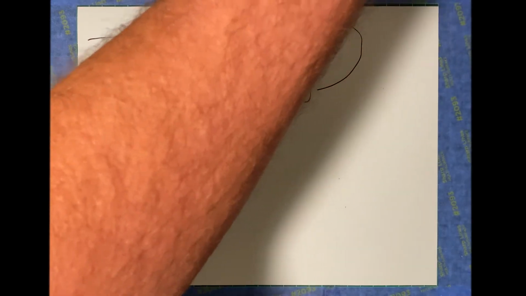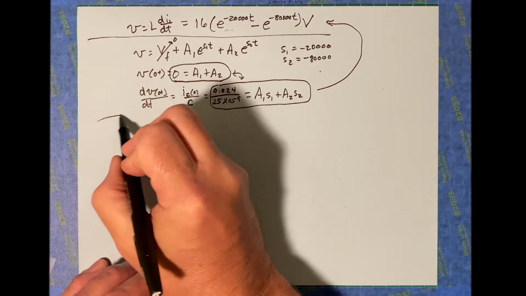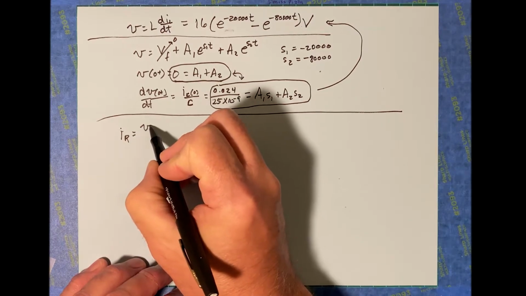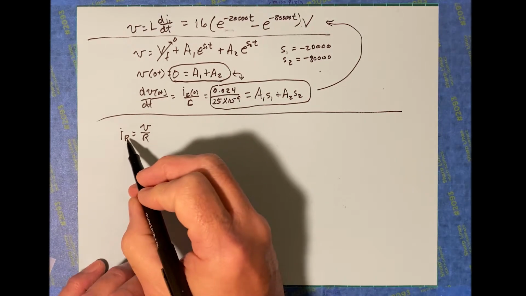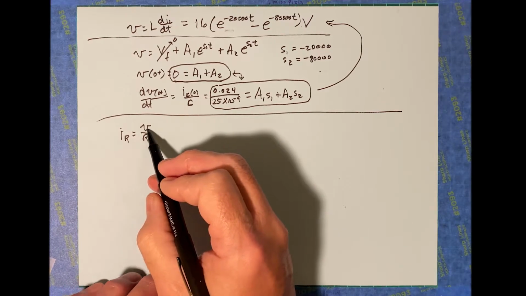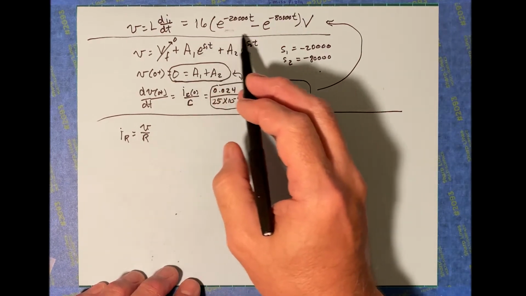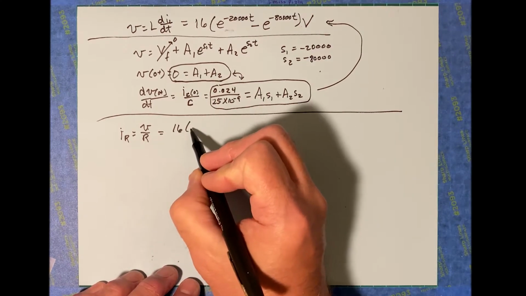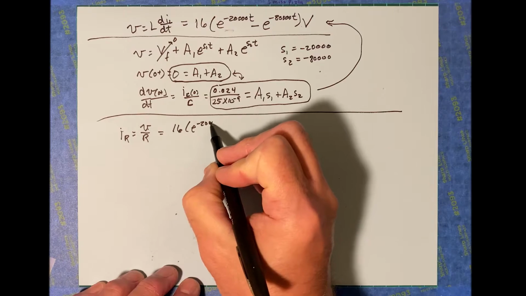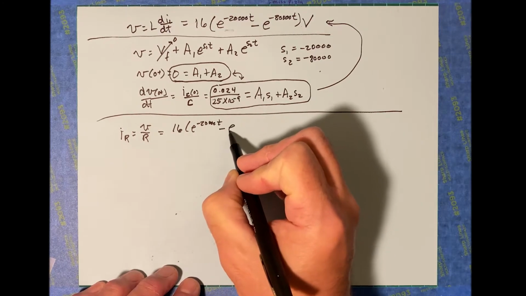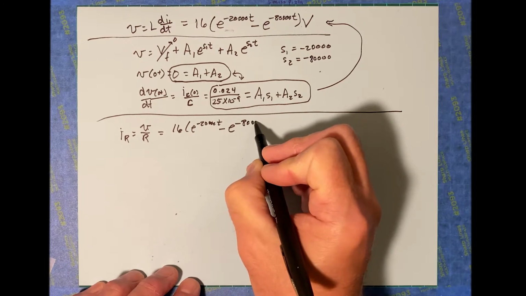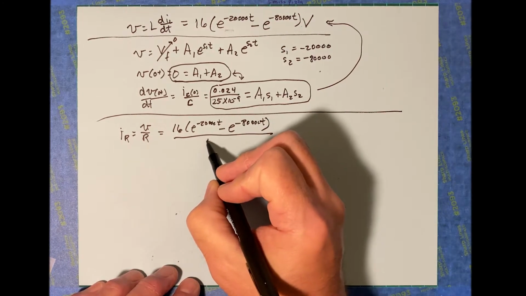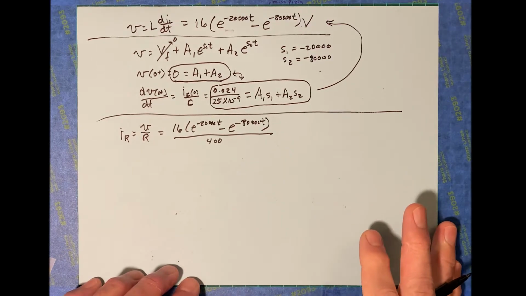Okay, now from this you could find I sub R. I sub R is just going to be V over R, and that's true for all times. So if this is our expression for V, then we just plug that in, 16 e to the negative 20,000 t minus e to the negative 80,000 t, over R, which was 400 ohms.